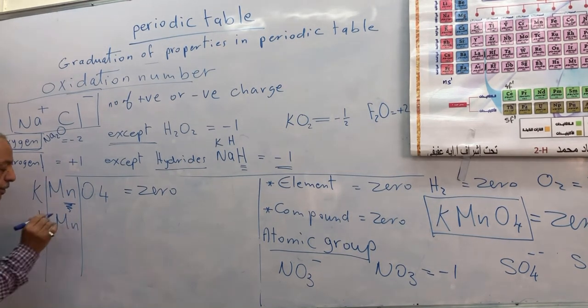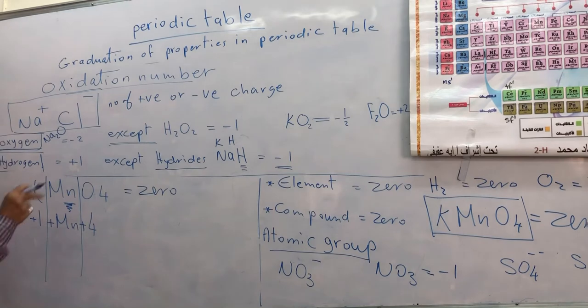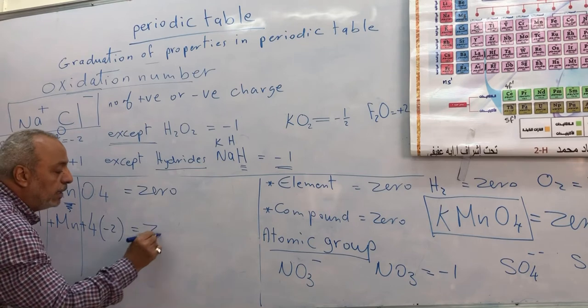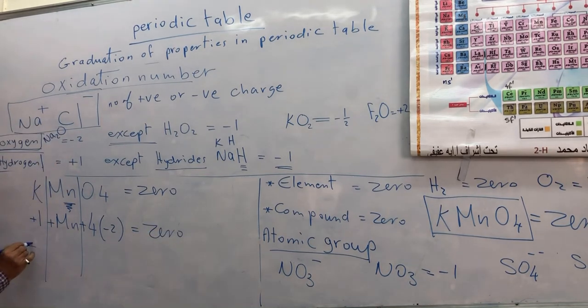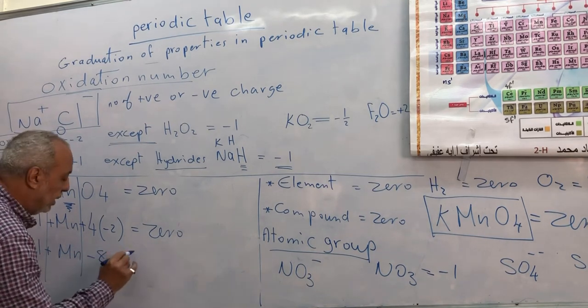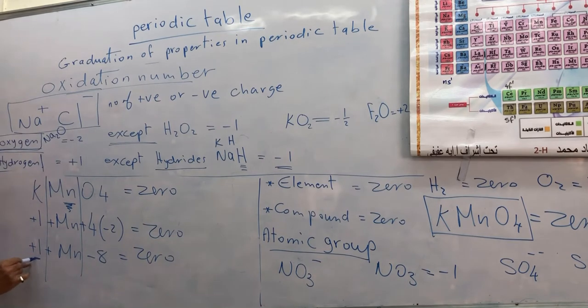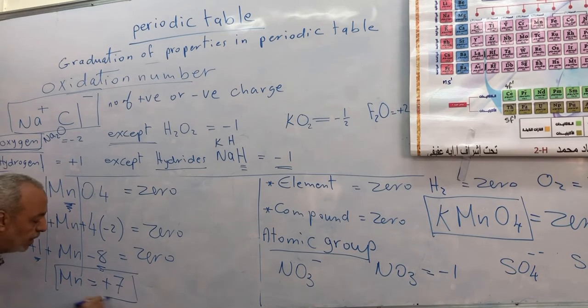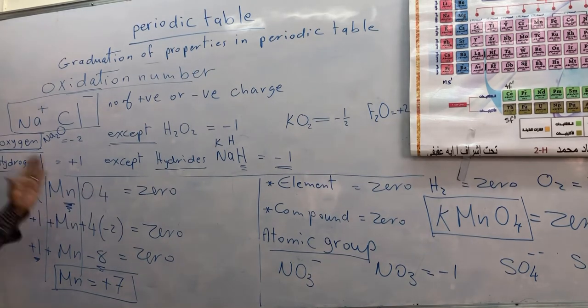Mn is unknown, plus 4 oxygen. Oxygen in the normal case equals -2, times 4, equals 0. Mathematically, +1 plus Mn minus 8 equals 0. The summation of positive 1 and negative 8 is negative 7, which transfers to the other side, so Mn equals positive 7. This is the oxidation number of manganese in KMnO4.